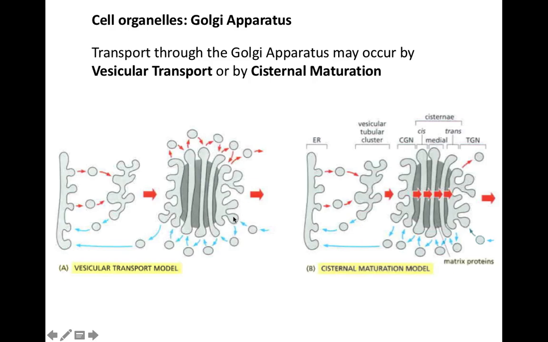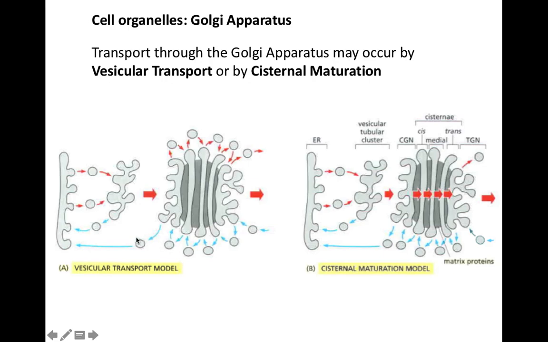So they can move back and forth in the form of vesicles during their passage from the cis end of the Golgi towards the trans end. Proteins are transported in vesicles from the cis phase all the way towards the trans phase, so that they can get matured. Sometimes these vesicles also move backwards towards the ER.